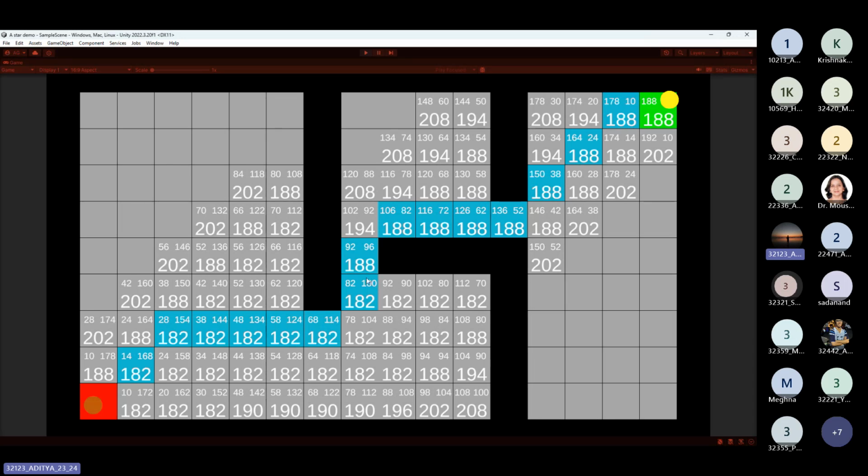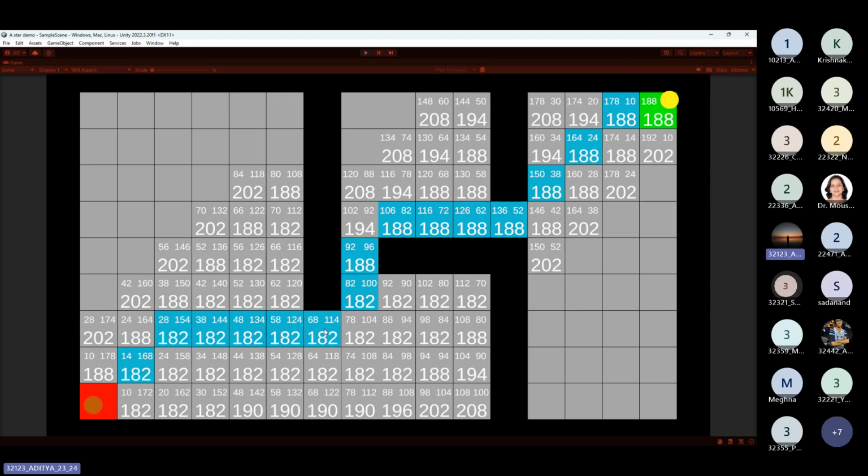So it chooses this node, and it also checks its neighbors, and there would be multiple nodes with the value 188. So it keeps searching all the nodes with the value 188, and then it will choose such a node which will have the next node with lower value.